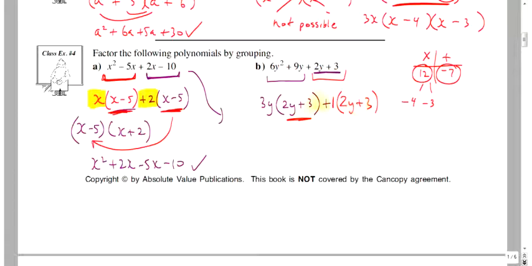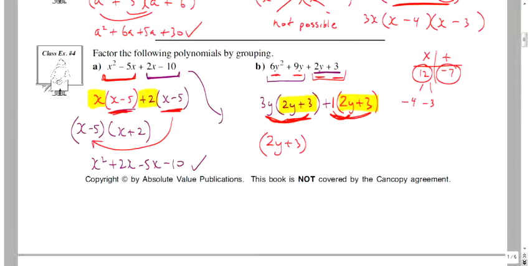Factor out a 1. Check this. Multiply it. Is this the same as that? Yes. Is that the same as this? Yes. 1 times 2y is 2y. 1 times 3 is 3. This is the same as that. But now, what can I factor out of this term? What can I factor out of this? Okay. 2y plus 3.